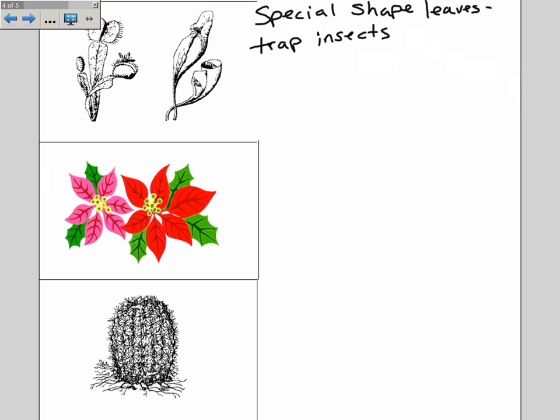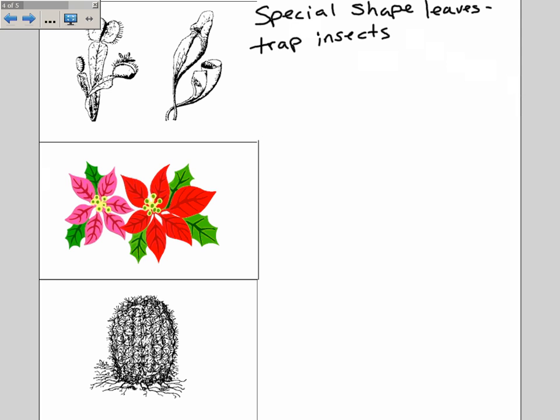Staying with leaves and attracting and getting insects to come to them, some plants have small flowers that can hardly be seen, so they have large colorful leaves with which to attract insects for pollination. So in our example here, we've got these brightly colored leaves. Animals love to see things that are brightly colored, especially insects.